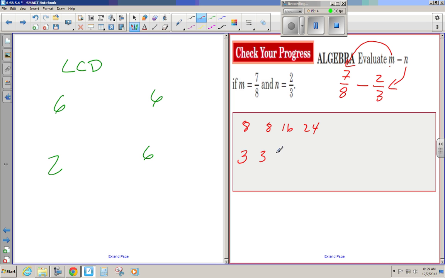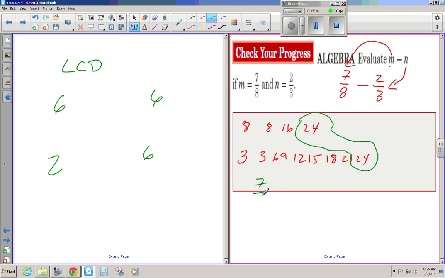That would be 3, 6, 9, 12, 15, 18, 21, 24. So 24, using this little list method, is the least common multiple. That means it's the least common denominator.